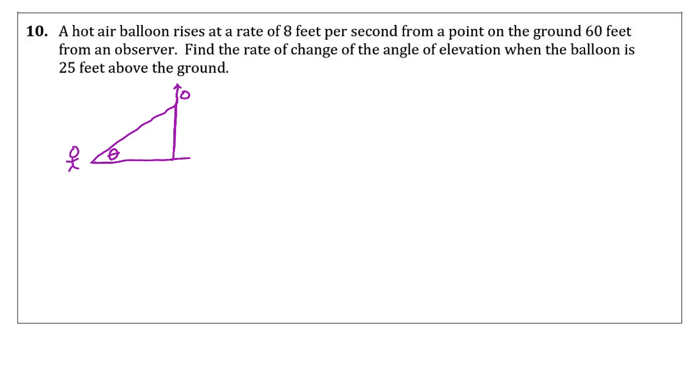It's going to bother me, I gotta change it, sorry. So we have a hot air balloon. Let's see if we can make the basket look a little bit better. I give up. All right, normally that's going to be X, this side's going to be Y, and this side over here, we're going to call that Z.